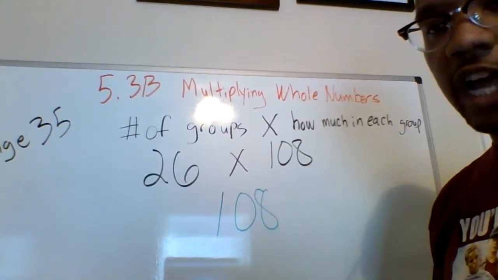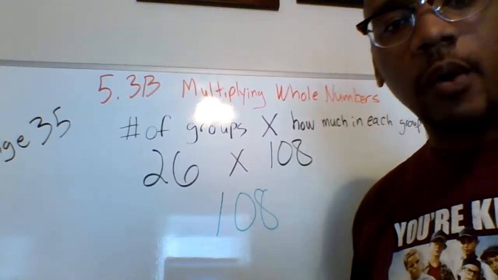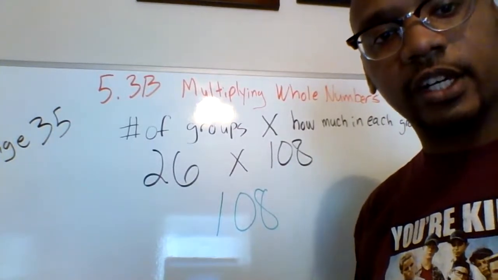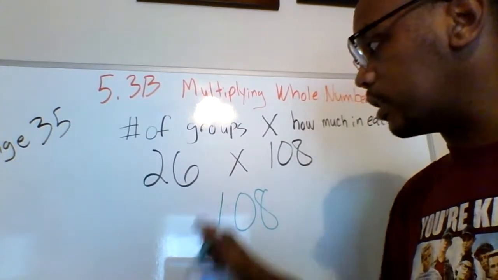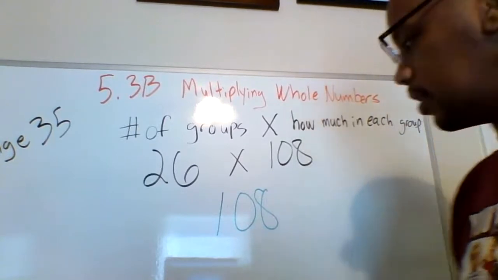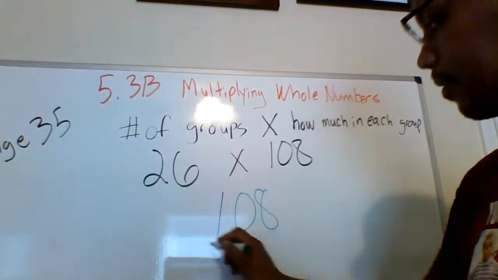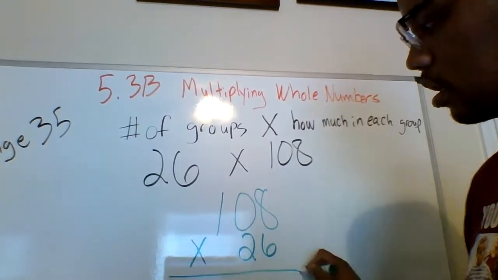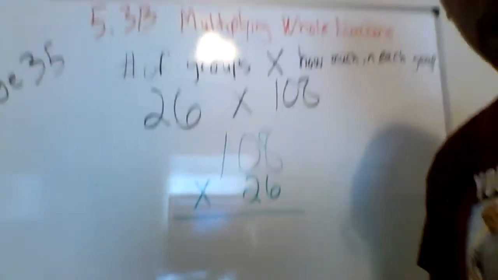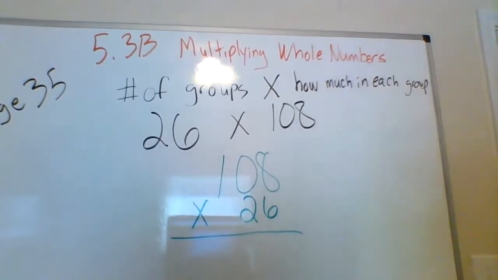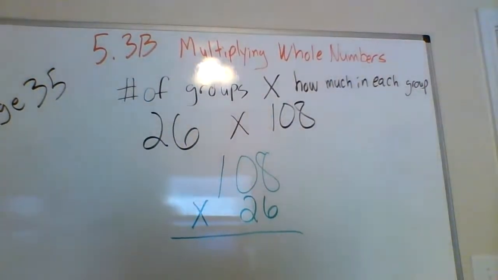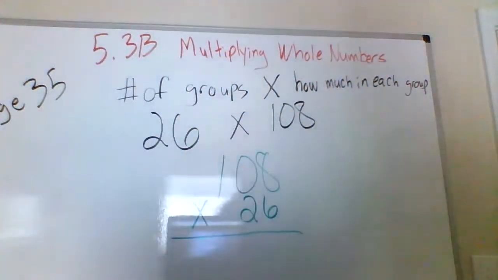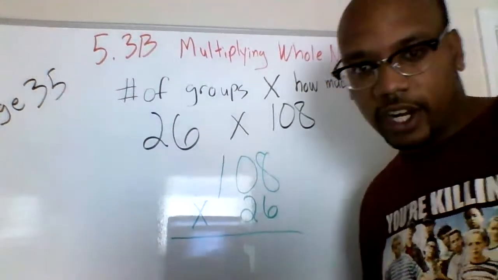So I have 108. You always want to put the number with the most digits at the top. So 108 at the top times 26. I'm trying to get rid of that glare.